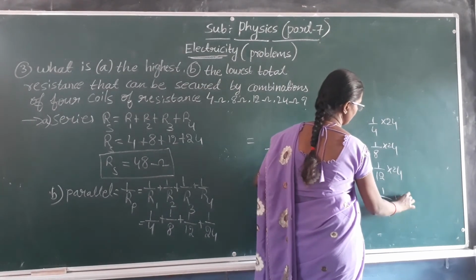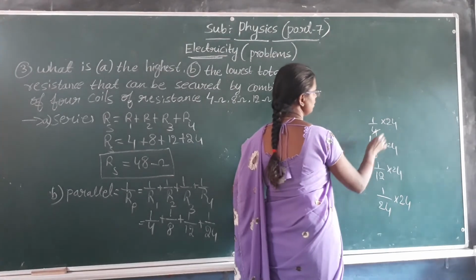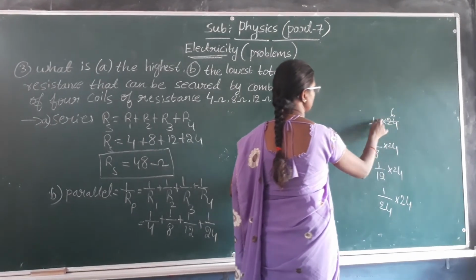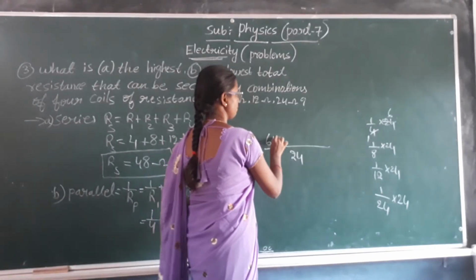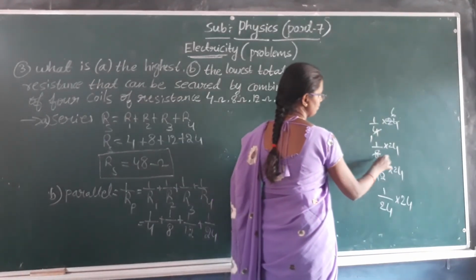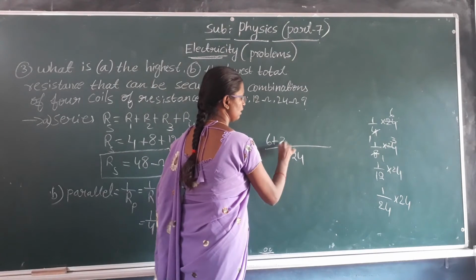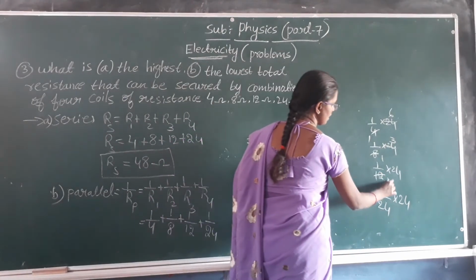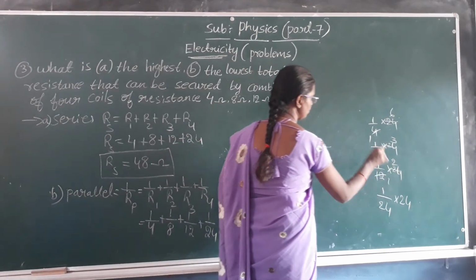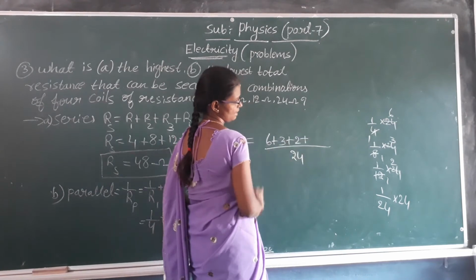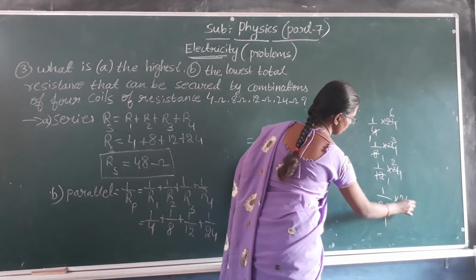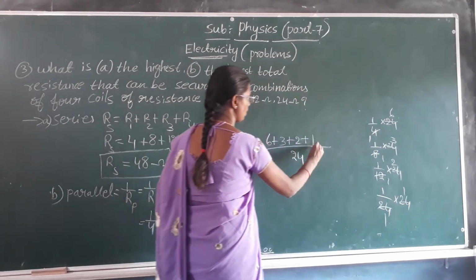24. 4 sixes are 24, so 1 into 6 is 6. Plus, 8 threes are 24, 3 into 1 is 3. Plus, 12 twos are 24, 2 into 1 is 2. Plus, 24 ones are 24, 1 into 1 is 1.